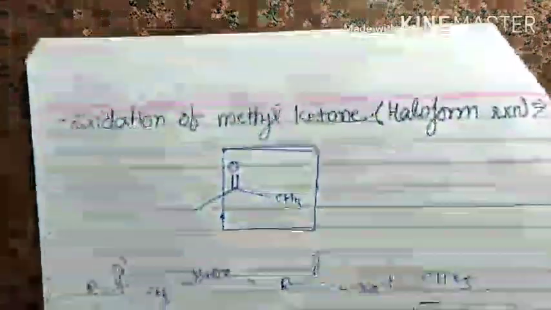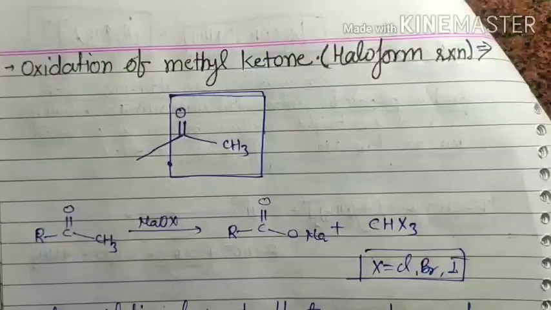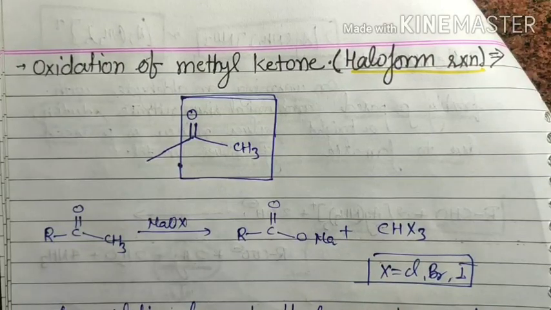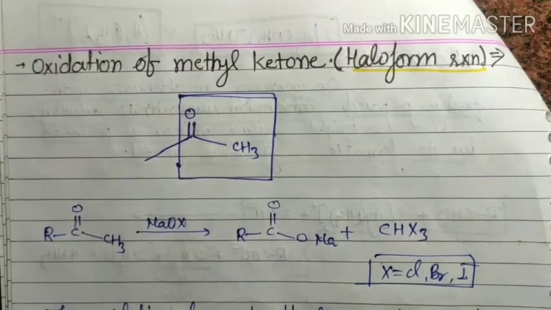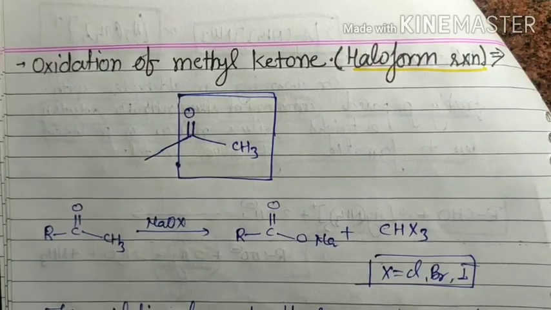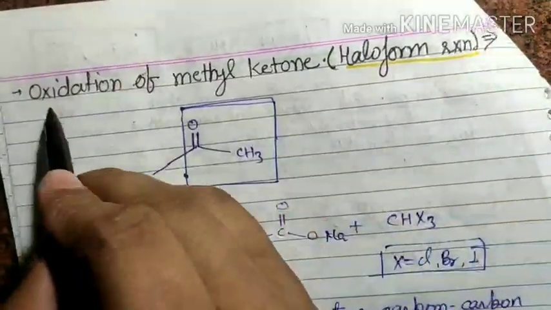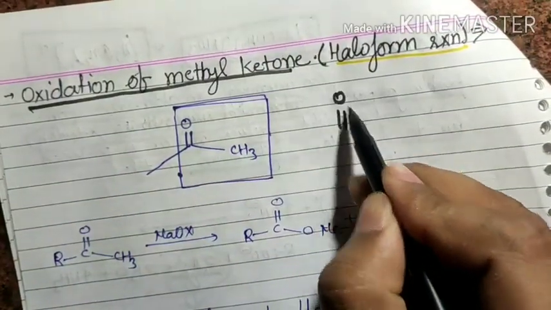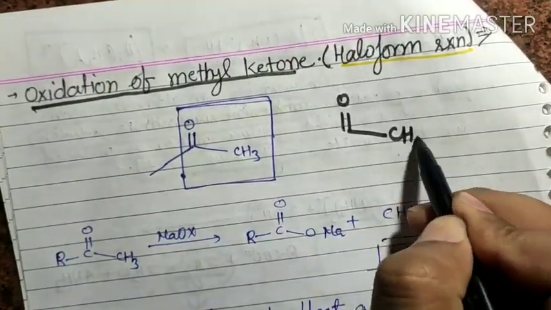Next one is a name reaction, also known as the haloform reaction, and this is also a test for a functional group. This is the oxidation of a methyl ketone. What is a methyl ketone? A ketone with a CH3 group.